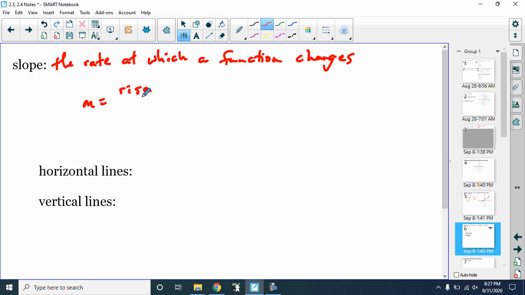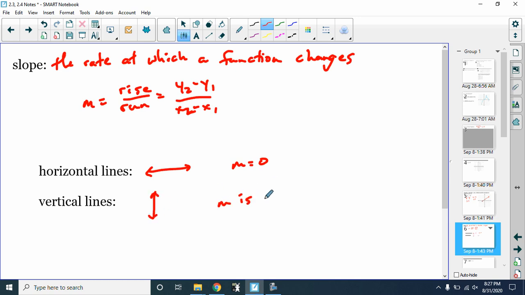Hopefully you have heard that slope is equal to rise over run, which we can use the formula y2 minus y1 over x sub 2 minus x sub 1 to give us the slope in between 2 points. Horizontal lines, those are the ones that go side to side, have a slope of 0. Vertical lines, the ones that go up and down, have an undefined slope.